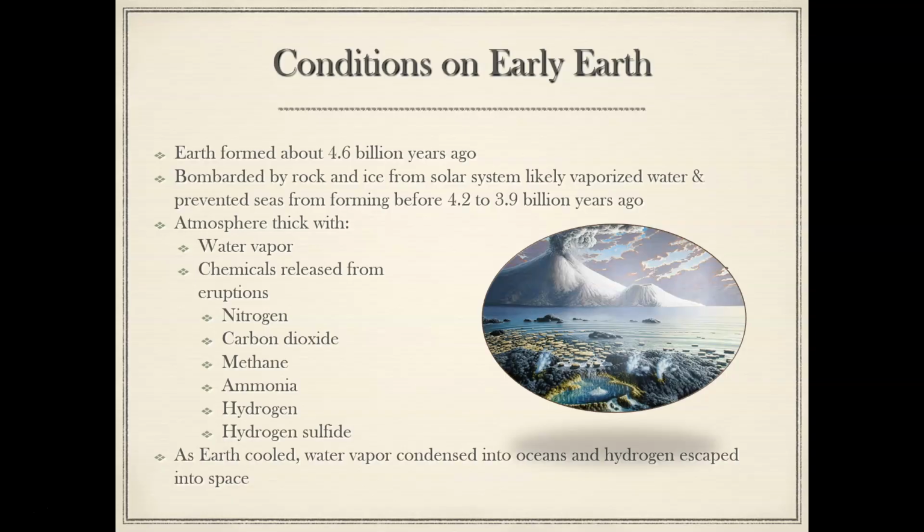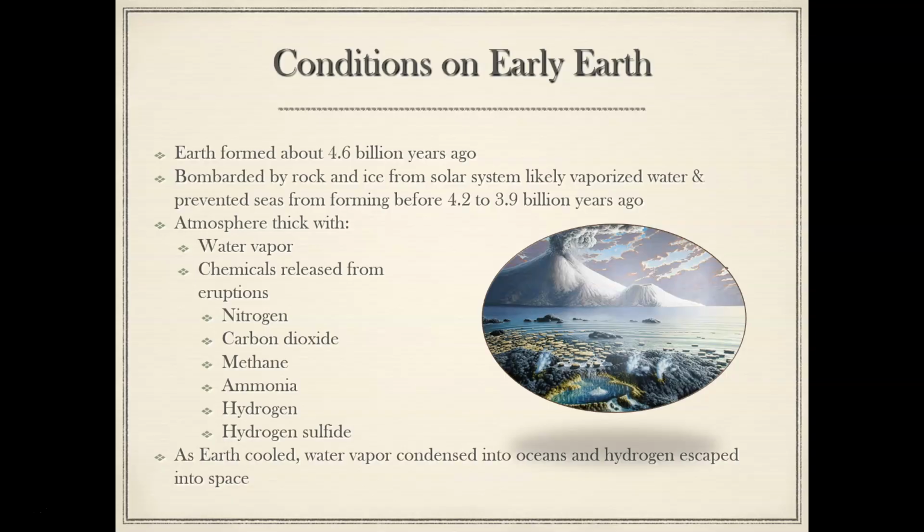So let's go all the way back to the beginning. Okay, based on geologic records, we know that Earth formed about 4.6 billion years ago. And it was a harsh environment at this point. So when we look at the origins of the solar system, it really is just all this gas and dust and rock just flying around in this disk.